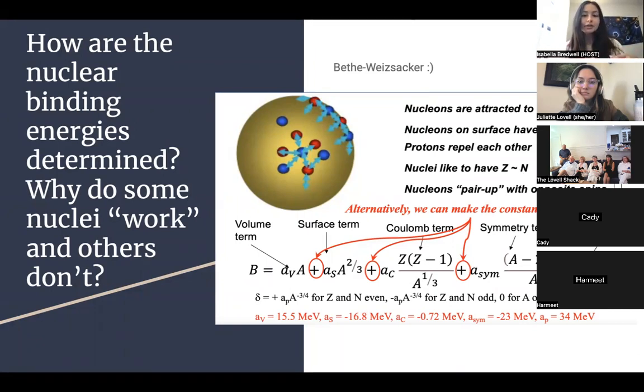I don't know how familiar people are with high school chemistry with electrons, but if you know how electrons bond up based on where they are in the periodic table, it's similar to the shell structure of the nucleus itself.